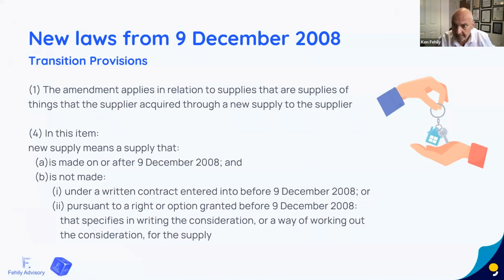So if I'm making a supply of a thing of property that's a new supply, the definition of new supply is a supply that I acquired, a purchase I made from another person after 9 December 2008.